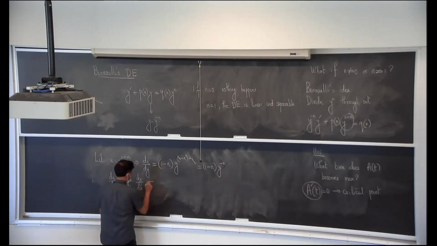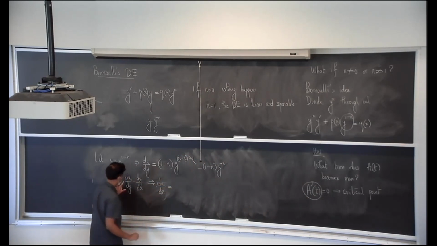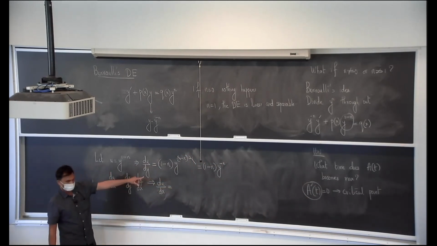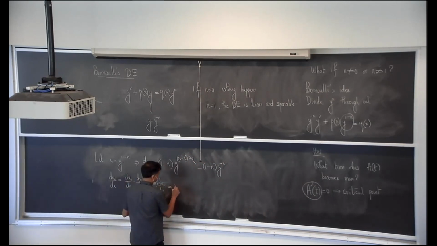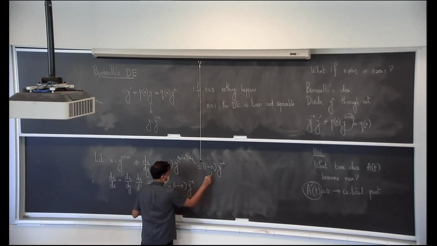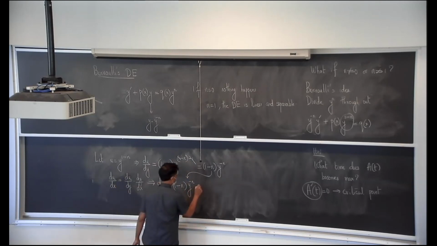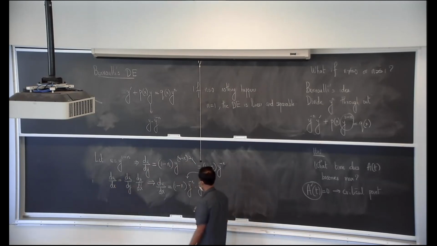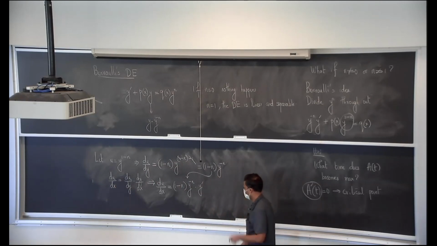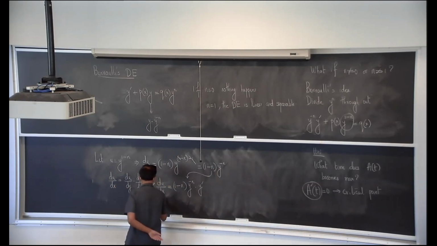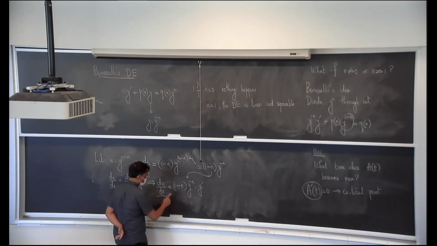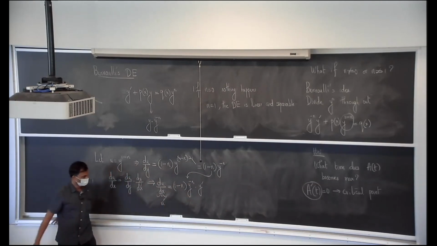So your du dx becomes du dy, which you just did there, 1 minus n times y to the power of negative n times dy dx, which is your y prime. So du dx, u prime, is equal to this new term.